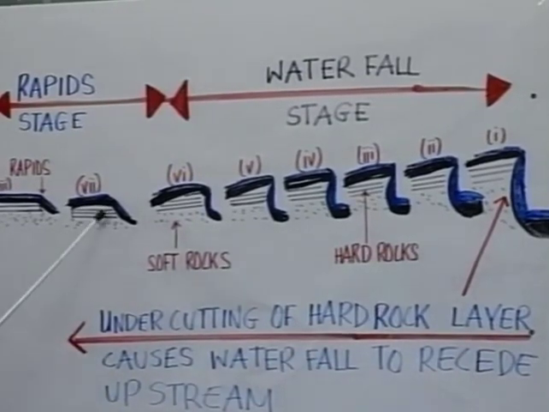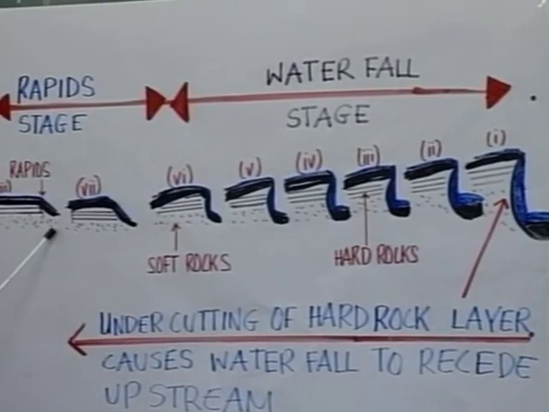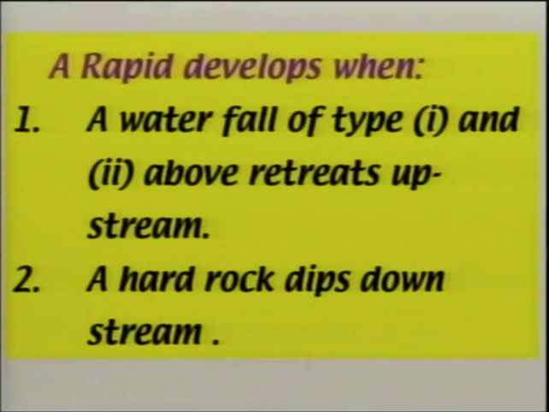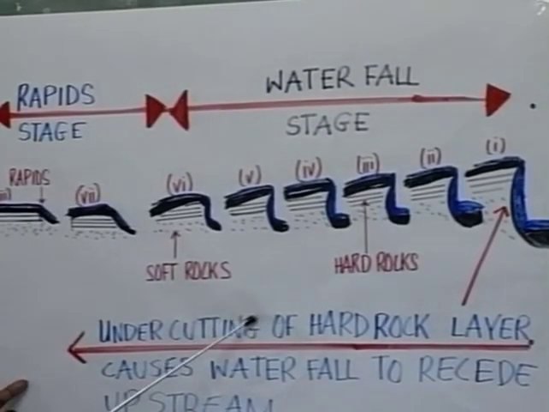And this is where we have the development of rapids. So when we say a waterfall of type 1 and 2 retreats upstream, this is exactly what we mean in terms of how I've put the information on this diagram.